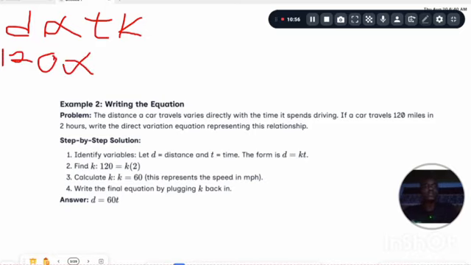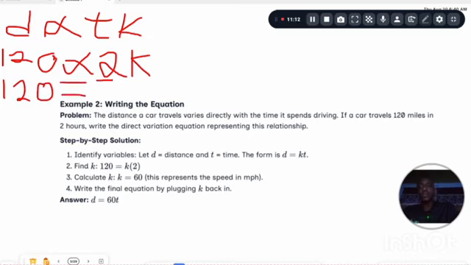So 120 varies directly as the time, which is 2 hours. So 2k. Then I can simply write it as 120 equals 2k. And like we did earlier, we can say 2k equals 120. So what are we going to do next?